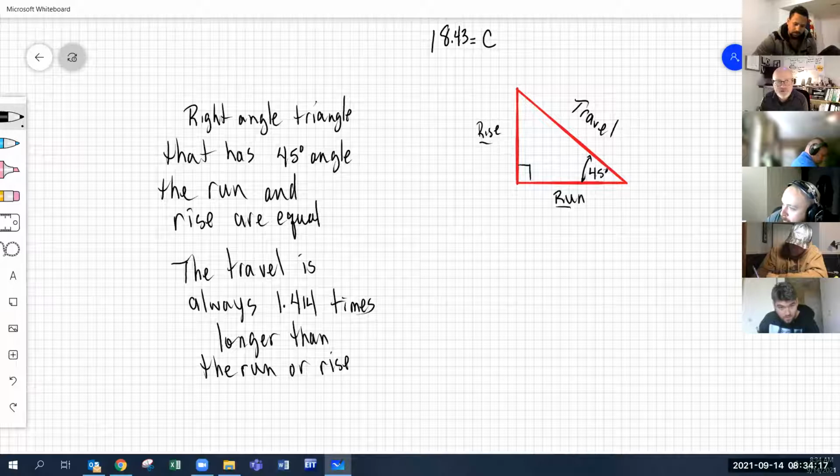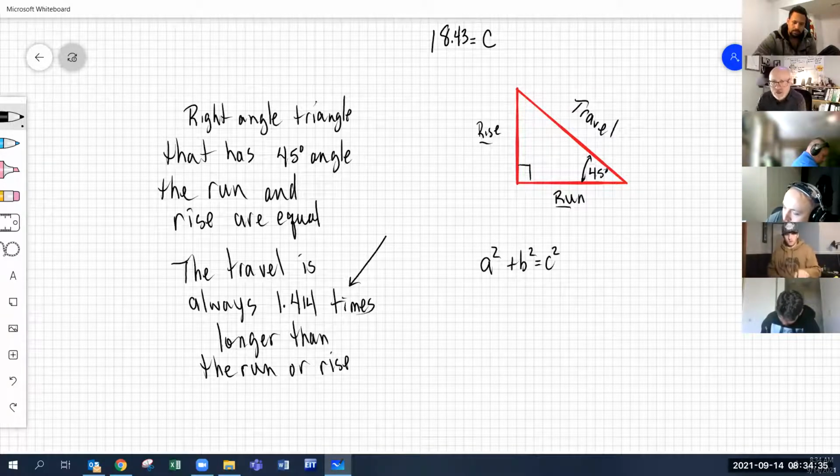Now, that 1.414 doesn't come by accident. We use Pythagorean theorem for that. For example, Pythagorean theorem says a squared plus b squared is equal to c squared. Well, listen, if the run is 1, then the rise has to be 1.